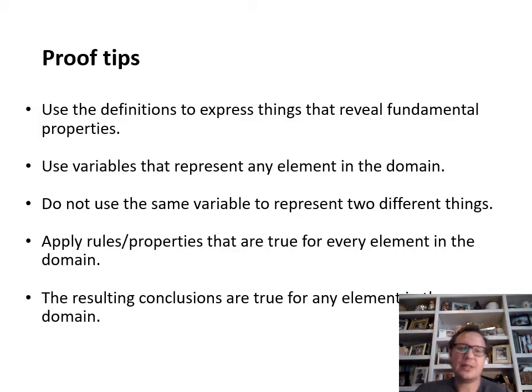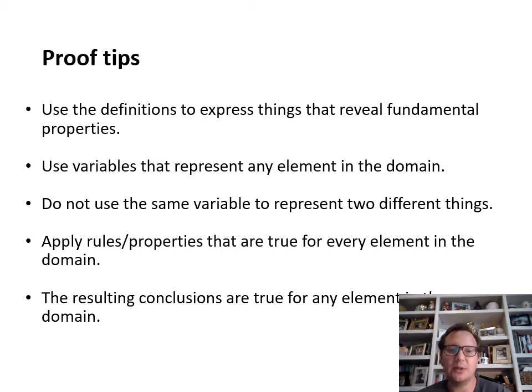Okay, here are some basic tips for doing proofs, and we'll do a few examples so that this sinks in. But I will still try to state them now, and we'll leverage them afterwards. How do we do proofs? We use the definitions to express things that reveal fundamental properties about objects that we are doing proofs about, for example, about integers.